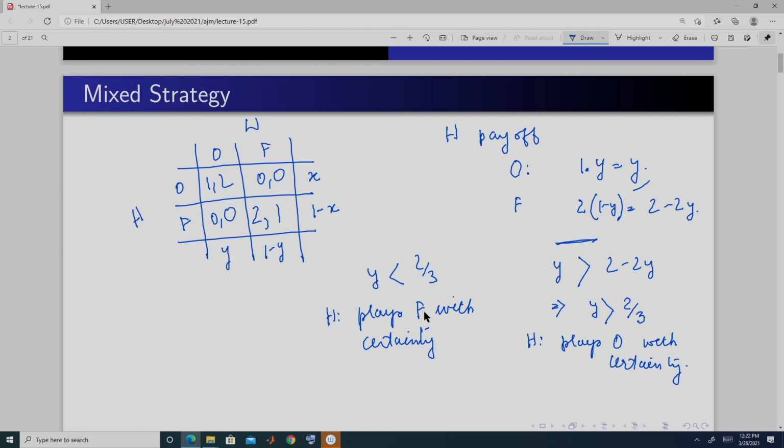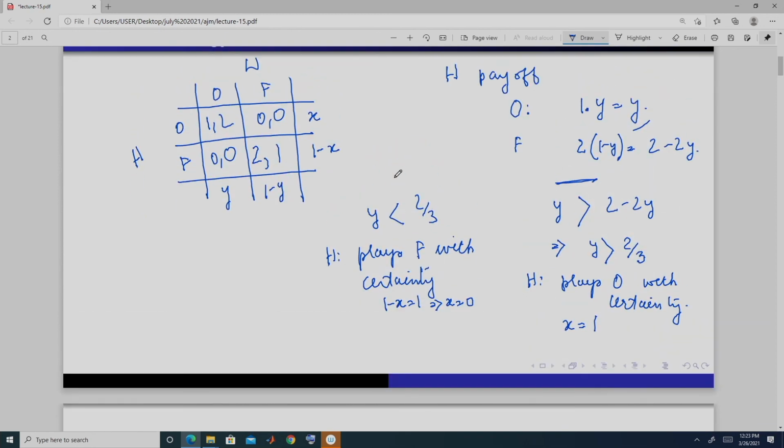What does this mean? This means that if O is played with certainty, that means x is equal to 1, and if F is played with certainty, that means 1 minus x is equal to 1. So this means x is equal to 0, right? And it attaches some probability when y is equal to 2 by 3.